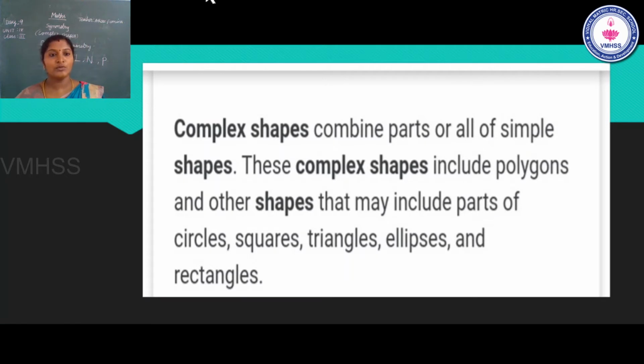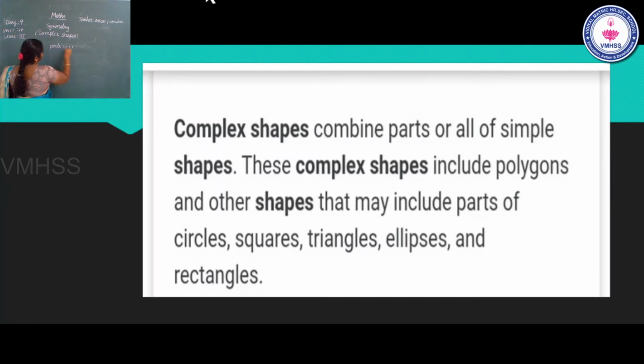So next we move to complex shapes. Okay, listen, ma. Complex shapes combine parts that are all simple shapes.